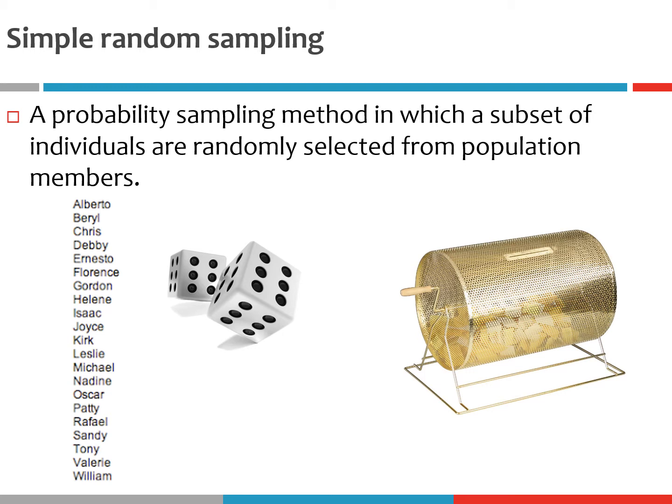So even though the dice method is random, you're still actually not getting a representative sample because there's not an equal chance of being selected, which you would achieve if you were to just randomly draw the names out of a hat, right? Or whatever device you're using.